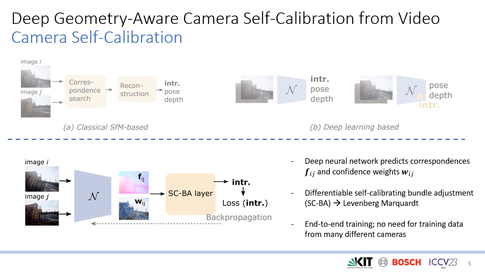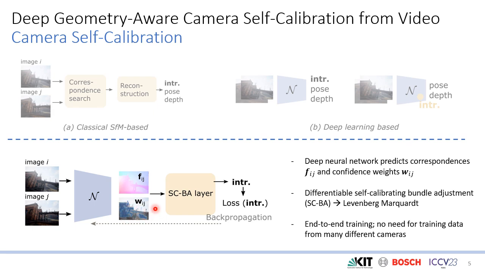We argue that self-calibration should exploit both the capabilities of deep neural networks and our prior knowledge about the underlying multi-view geometry. Given a pair of images with overlapping field of view, our model predicts dense correspondences as well as confidence weights.